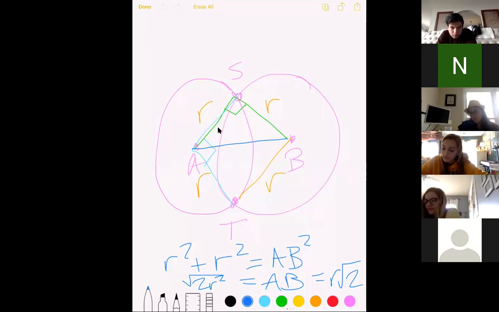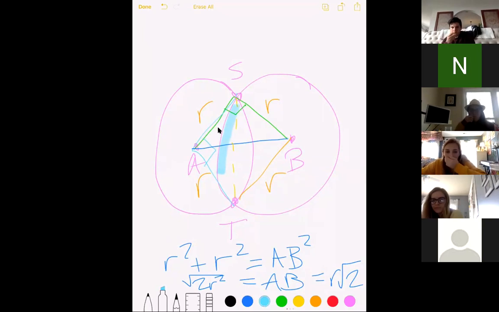So I'm going to draw another diagonal here down the middle. So if you found, let me try to do this with a highlighter, if you find the area of this circle sector and you subtracted this inner triangle, you would get just this light blue section right here.